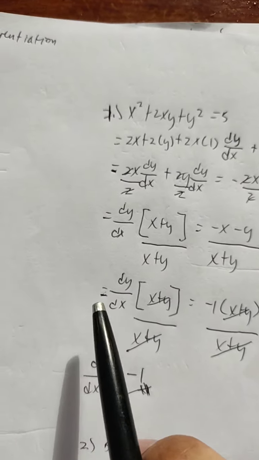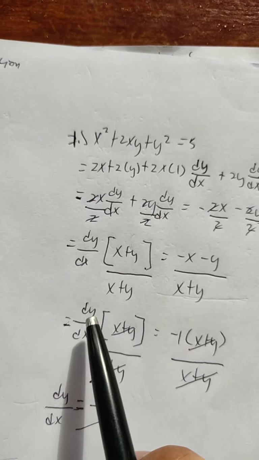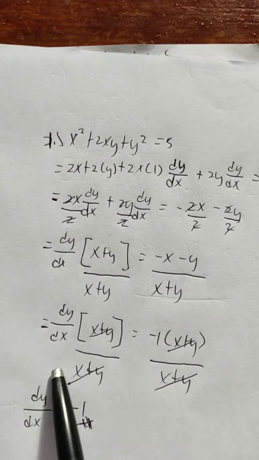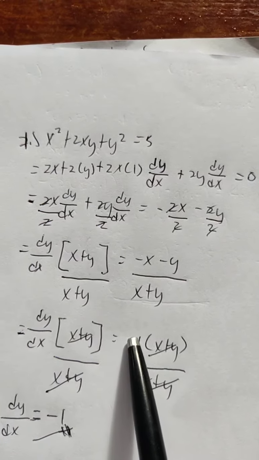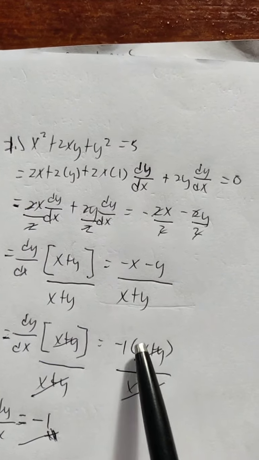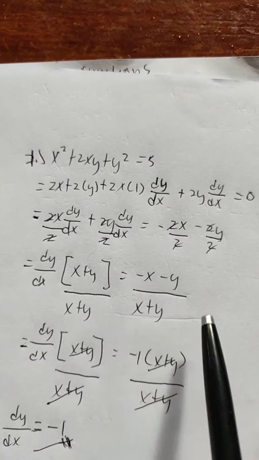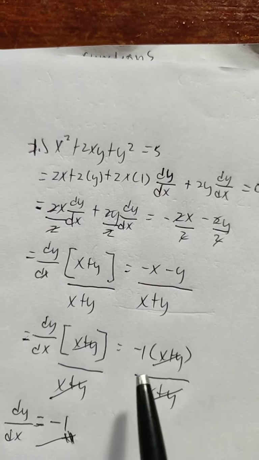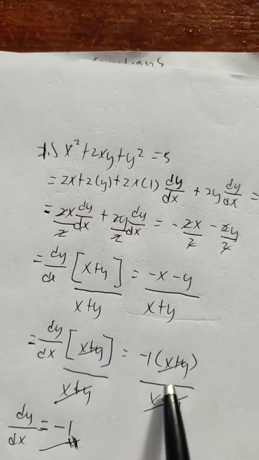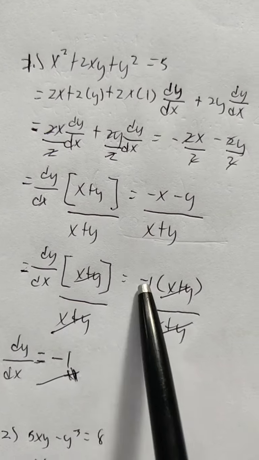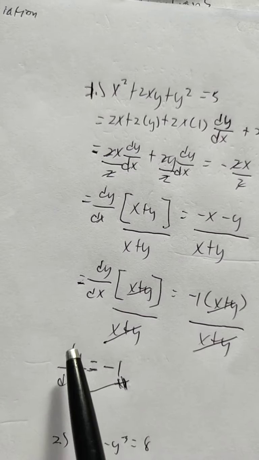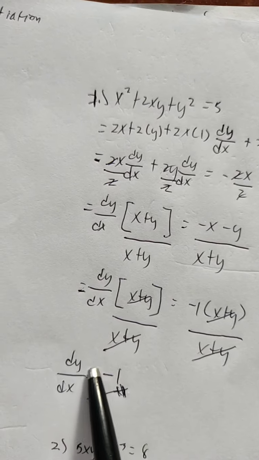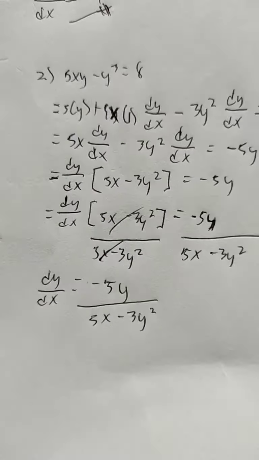So dy over dx equals negative x minus y, all over x plus y. Here we're gonna factor out negative 1, so this will become negative times x plus y, all over x plus y, for us to cancel it. So we cancel all the x plus y terms, and what remains is negative 1. So dy over dx is equal to negative 1.